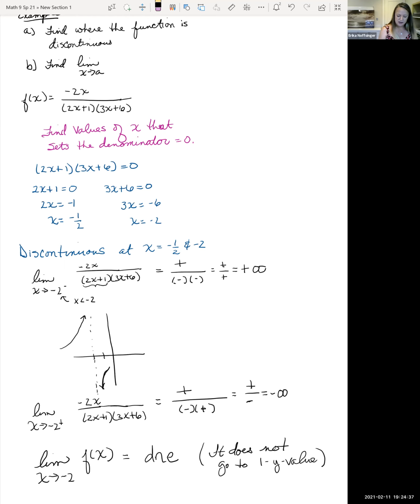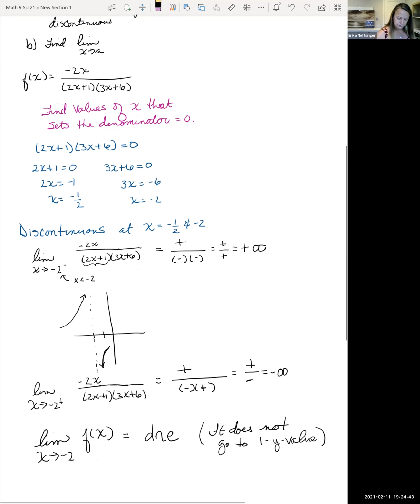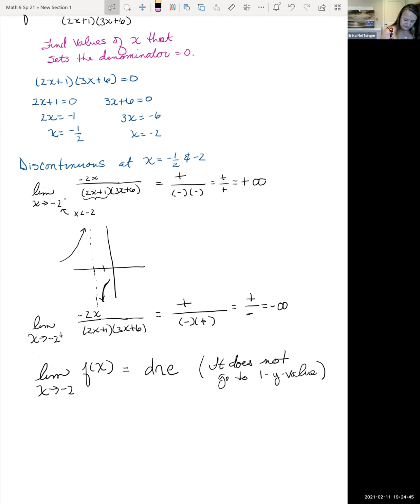So we would do the same kind of reasoning for the other value, x equals -1/2. So if I was to look at the limit as x is approaching -1/2 from the left-hand side, and it's -2x all over 2x plus 1, 3x plus 6.